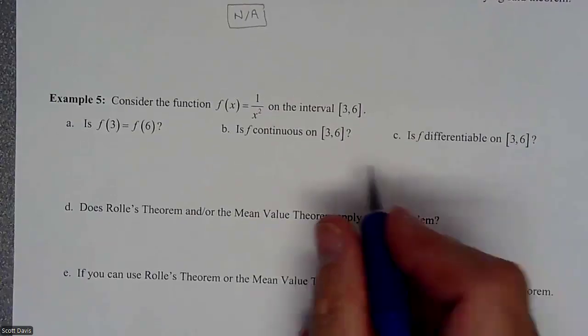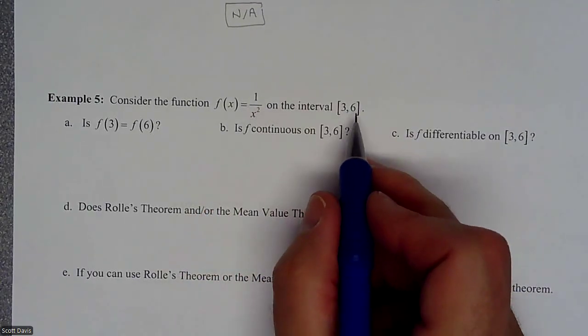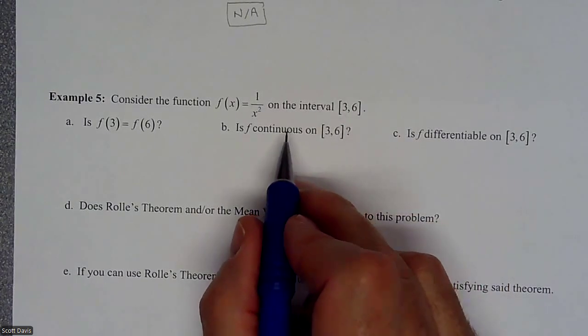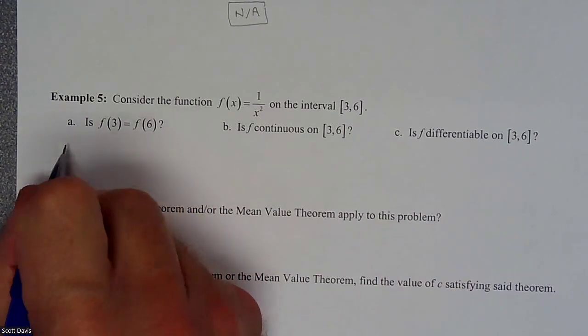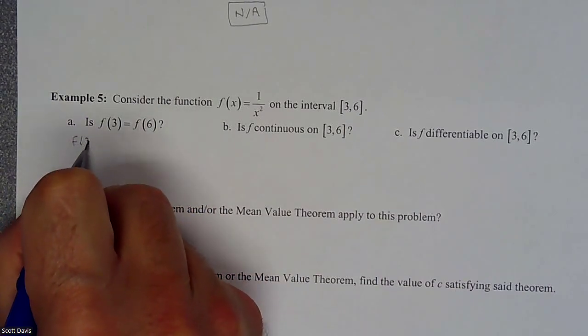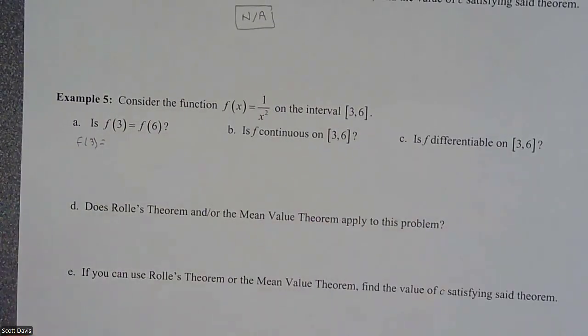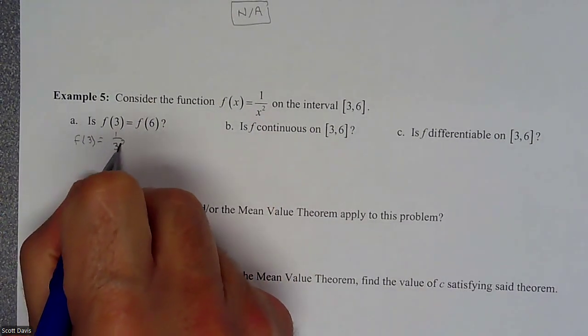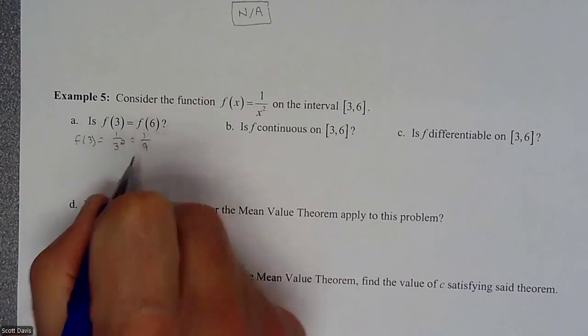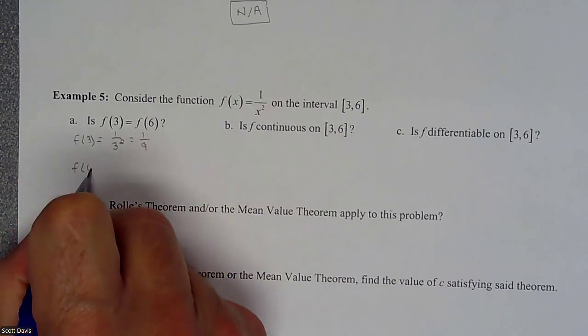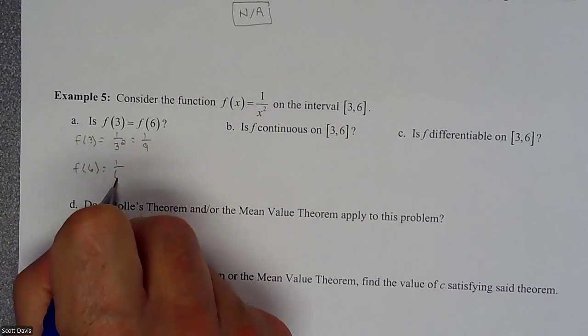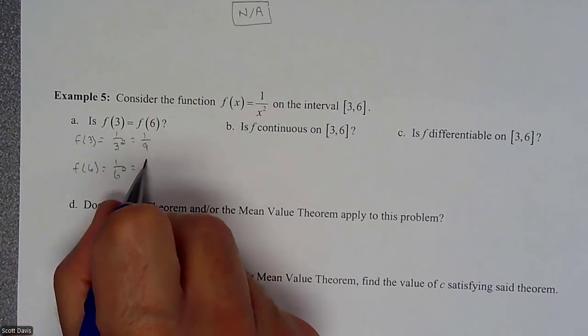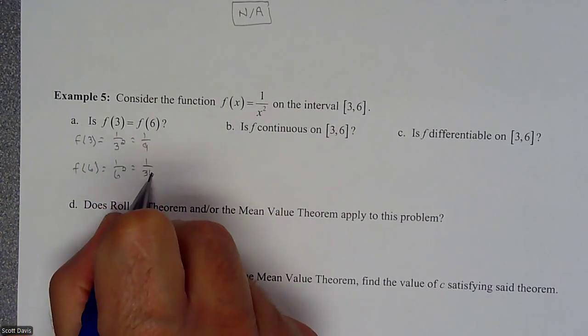All right, so let's shift to a different part of the same equation. Now we're talking about the interval from 3 to 6, which is continuous. If you plug in 3, you get 1 over 3 squared, which is a ninth. If you plug in 6, you get 1 over 6 squared, which is 1 over 36.